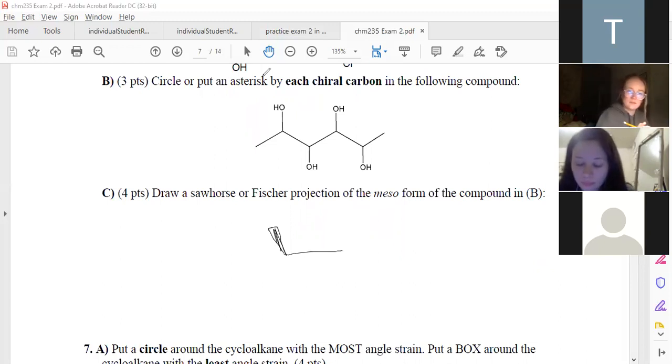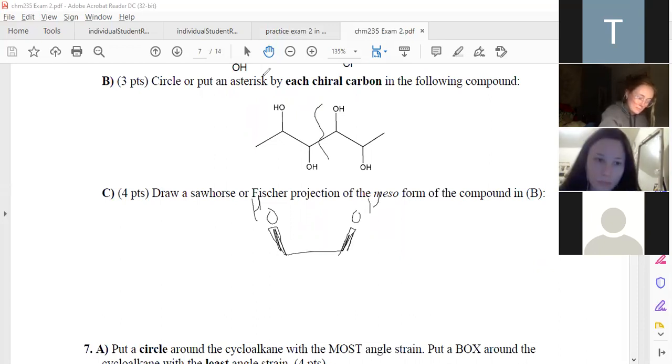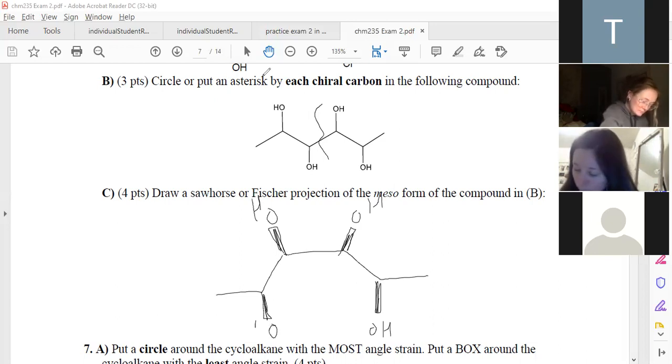So just draw wedge OH. I'm going to draw between here. Wedge OH, down to here, wedge OH. And it doesn't matter if they were both dashes or both wedges, just as long as it's the same on the left side as it is on the right side.